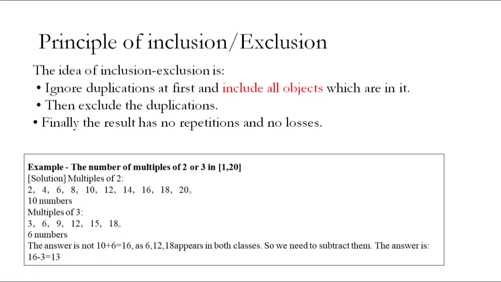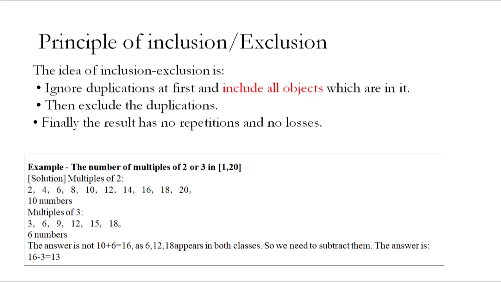Now, according to the inclusion and exclusion principle, first you include all elements: 2, 4, 6, 8, 10, 12, 14, 16, 18, 20 and 3, 6, 9, 12, 15, 18. After including all the elements, you check for the duplicates and remove them.